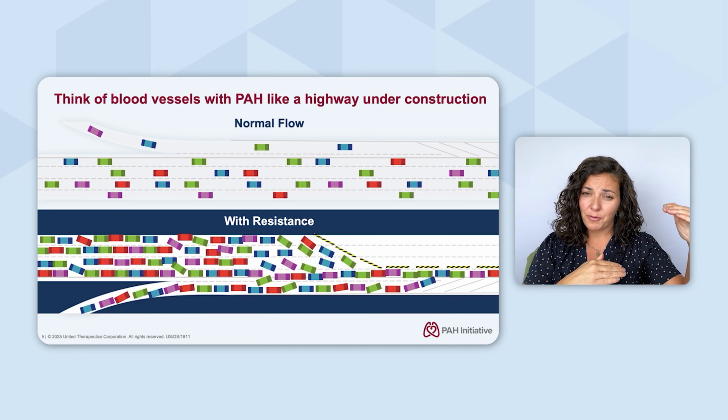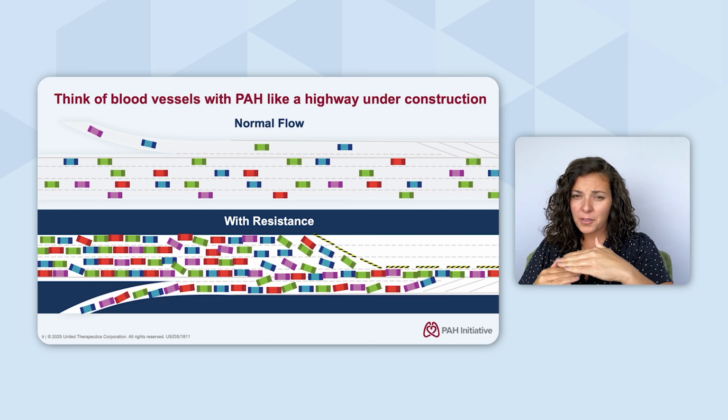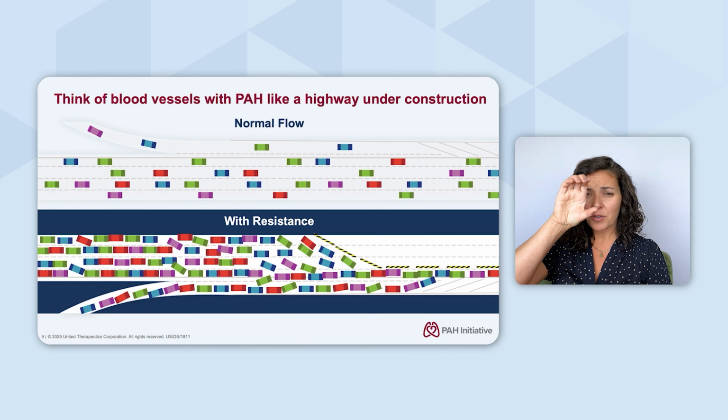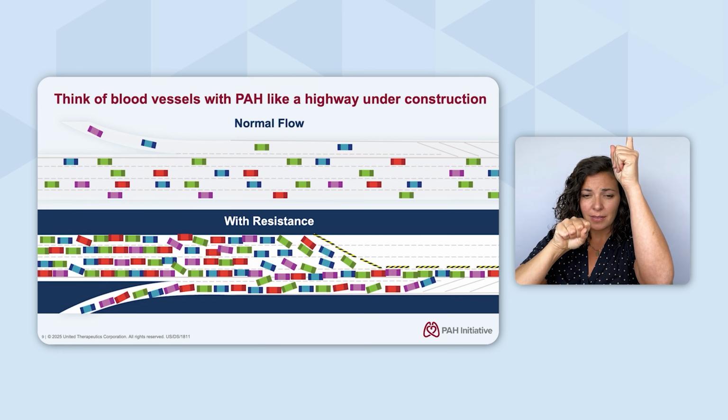And that same flow is now being forced through 2 lanes, increasing that congestion. And the word we use is resistance. So as those lanes become less and less, and there's less space for the cars to move through, the resistance rises. And this is the same thing in PAH. As those vessels narrow, that resistance rises.